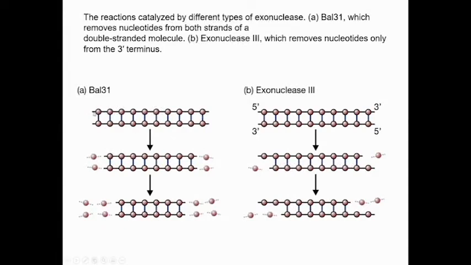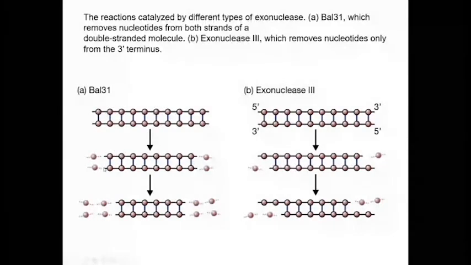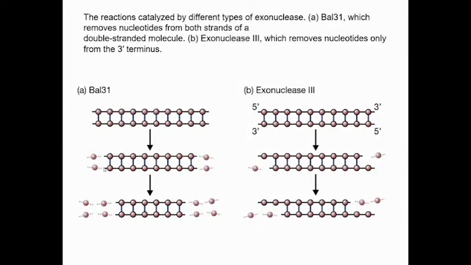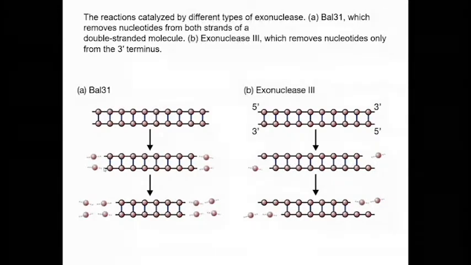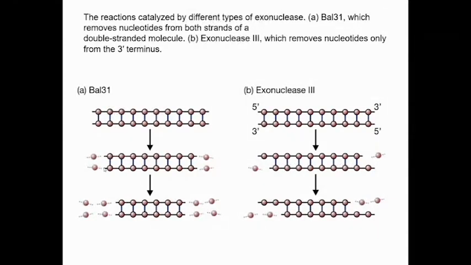Here is the top strand 5' to 3' and the bottom strand 5' to 3', and they can remove from both ends at the same time, so you can remove nucleotides from both strands of a double-stranded molecule. Exonuclease III can only remove nucleotides one at a time from the 3' end. So these are the exonucleases.